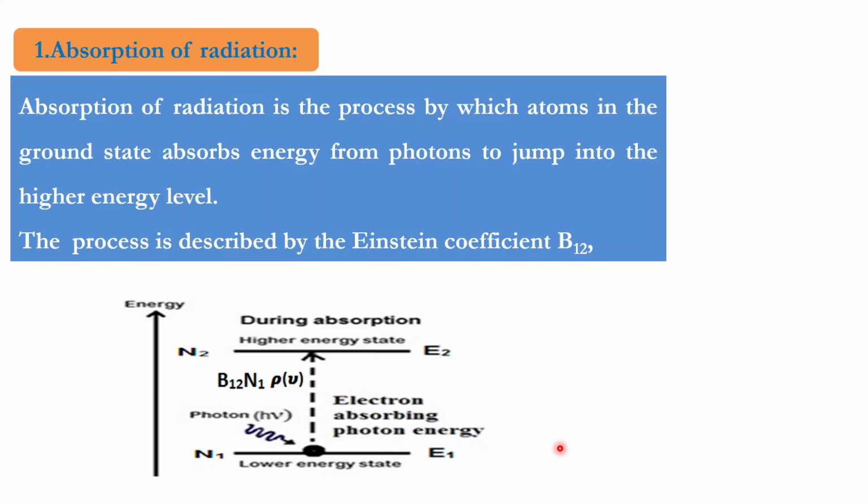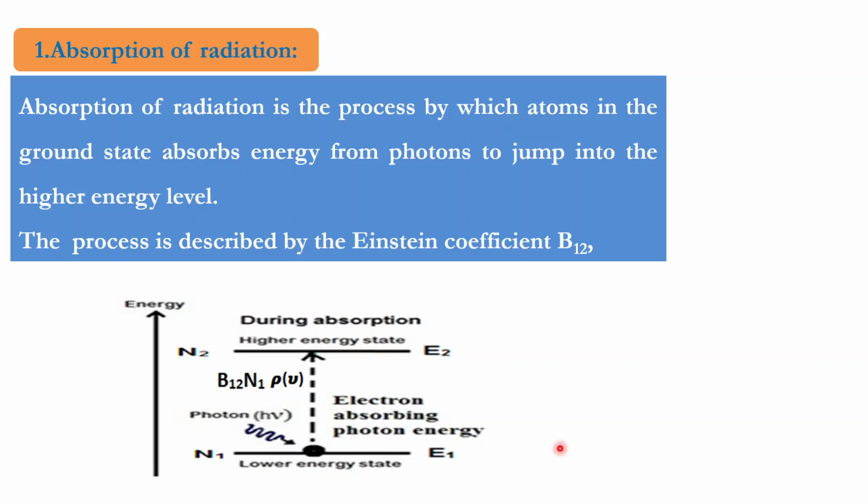Students, now here again we are going to see in detail what happens in these three processes, and with the help of these three processes how we can obtain the relation between the Einstein coefficients.